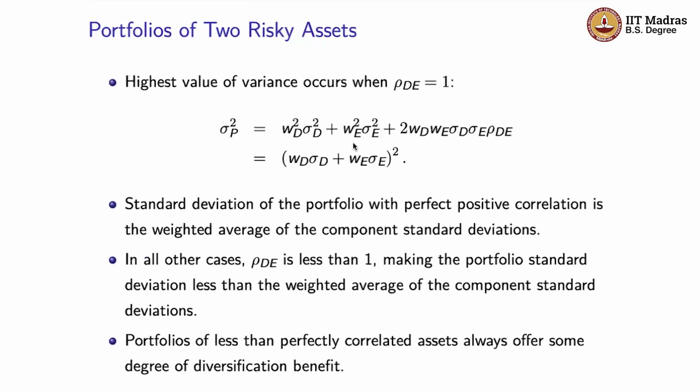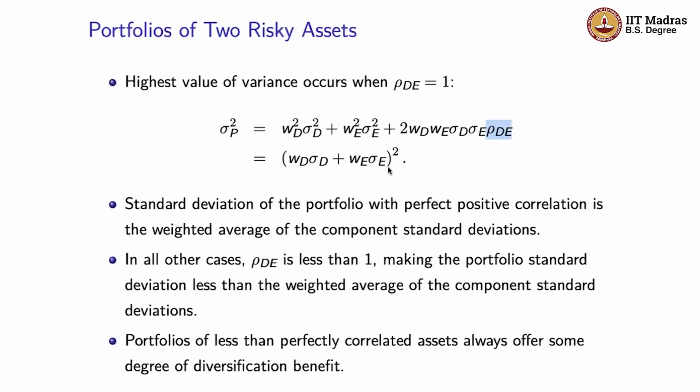So we can clearly see that the highest value of this expression is going to be when you have got rho DE is equal to 1. And in that case, sigma square P becomes just the square of WD sigma D plus WE sigma E, right? Why is that the case? Because this term at the end becomes equal to 1. And you can then see that this is nothing but the expansion of the square of this term, right?